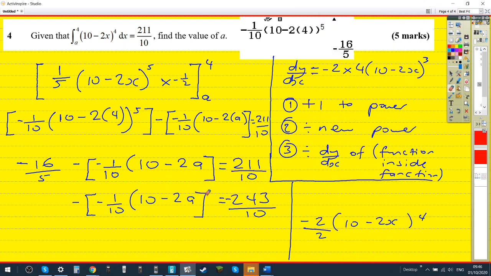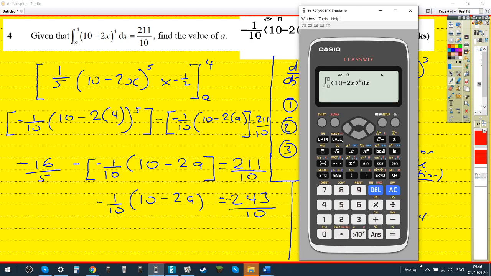And then I think that here I can just put it into my calculator, can't I? Yep. And so I got minus 116.5.